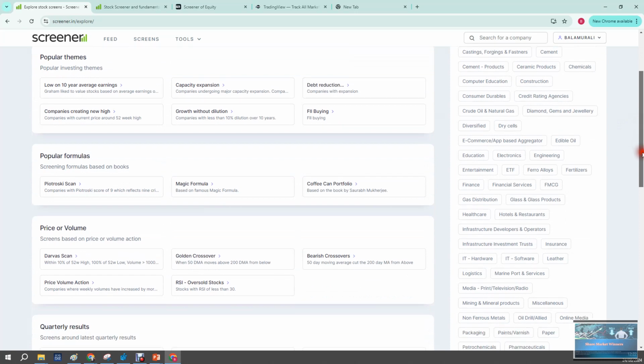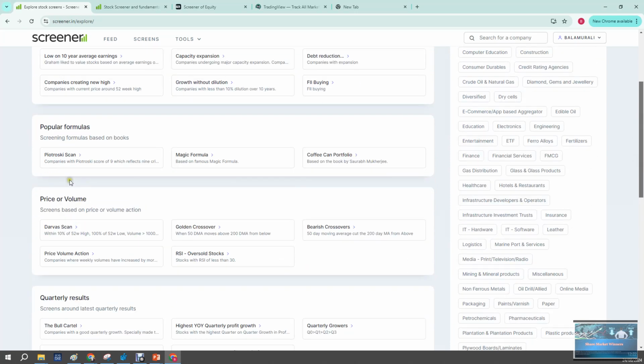Okay, and various methods are talked about here, like companies creating a new high, capacity expansions. This website collects a lot of data behind the screen and populates it against the stock. So they are able to produce metrics, and based on those we can query this FII buying.